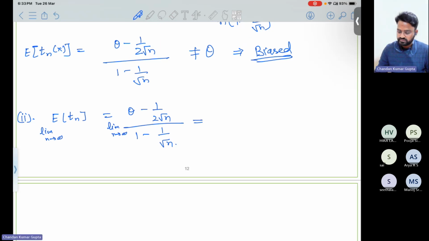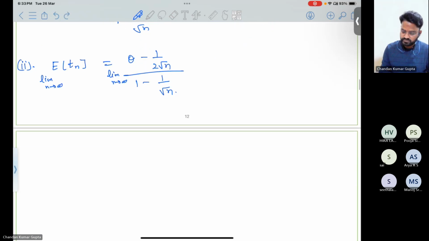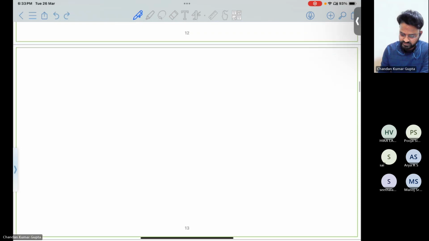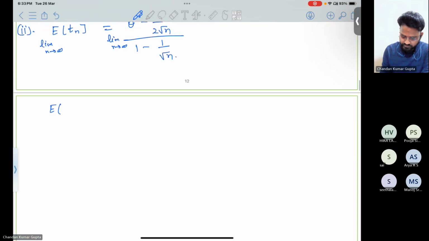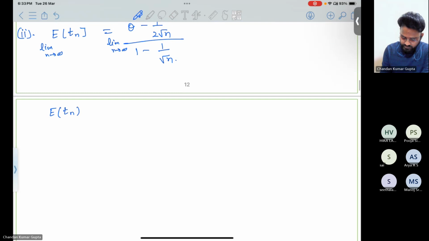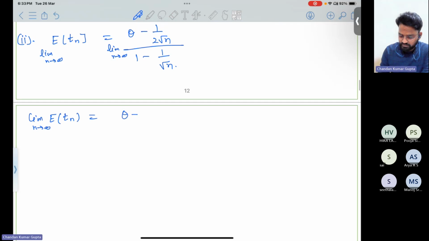okay, then this gives theta minus 0 upon 1 minus 0, which equals theta.